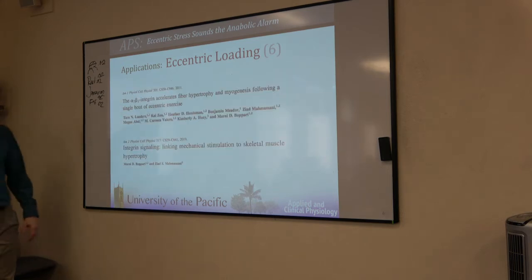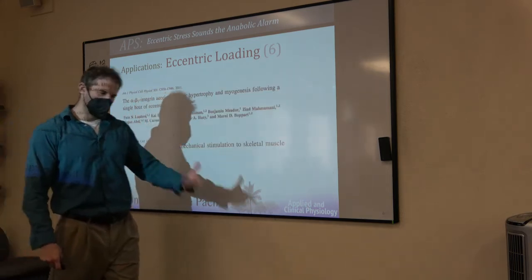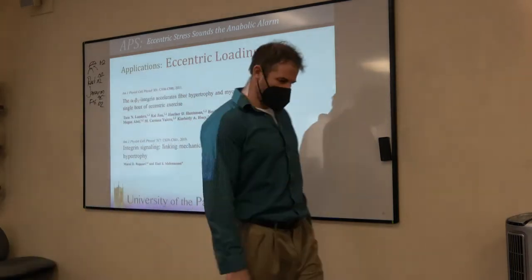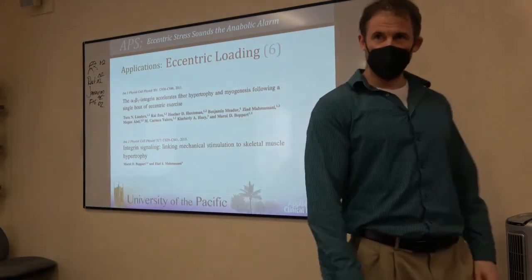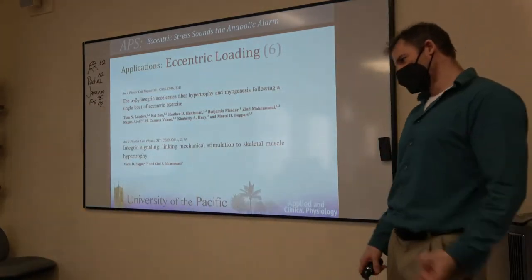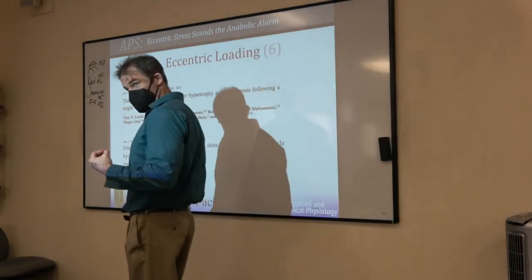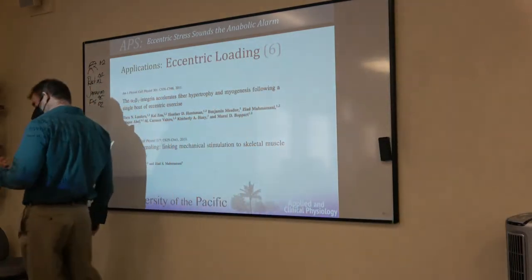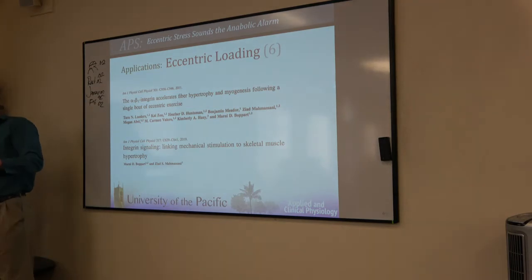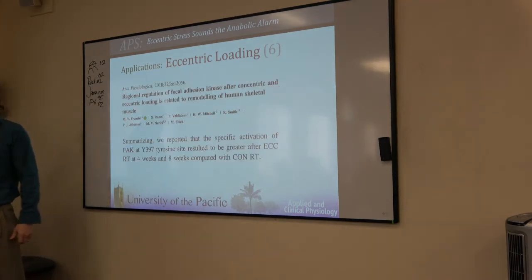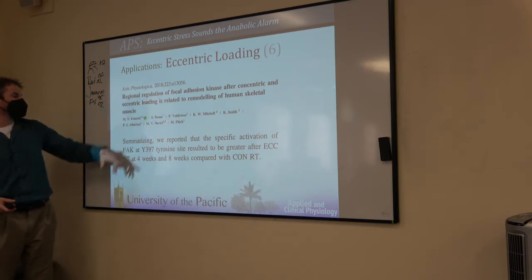Number 6, the reasons that eccentric loading is the predominant signal for hypertrophy. Integrins. What are your mechanosensors sensing? What are the mechanosensors detecting in the load profile? If you do eccentric loading, you get a much bigger stimulus, right?